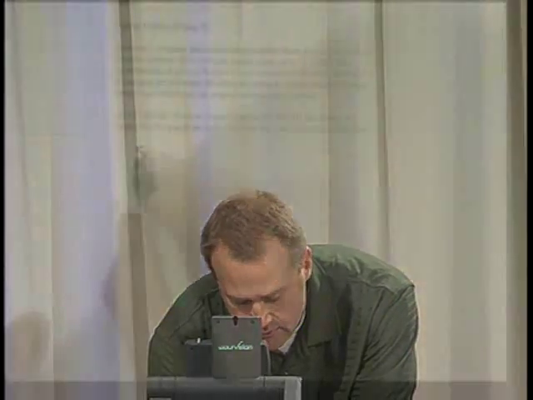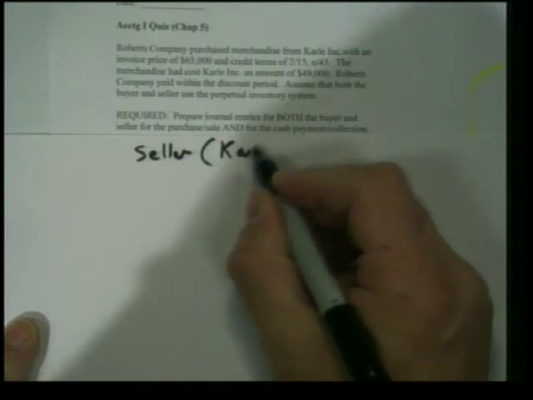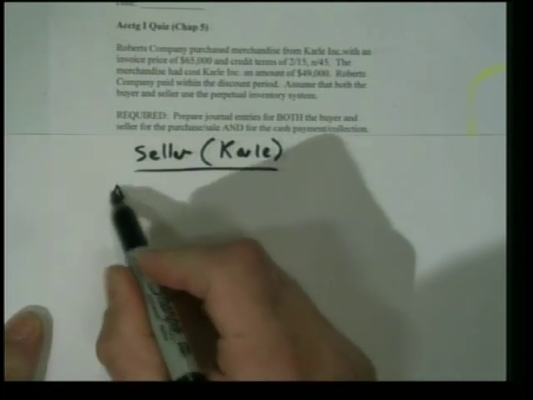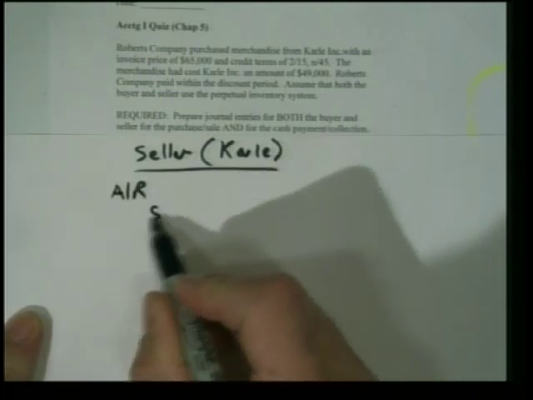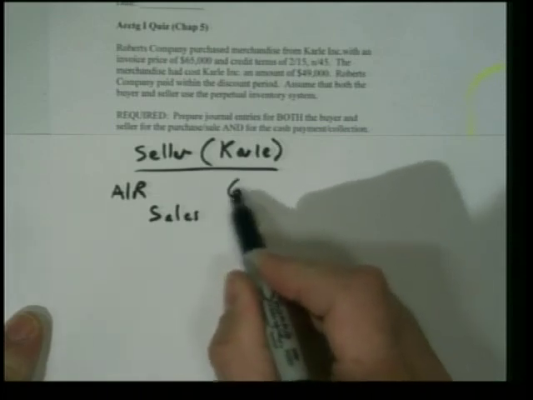Let's do the journal entries for the seller. Now, who is the seller in this situation? What's the name of the company? Carl. Okay, now when they sell the merchandise, they debit accounts receivable and credit sales for $65,000, right?